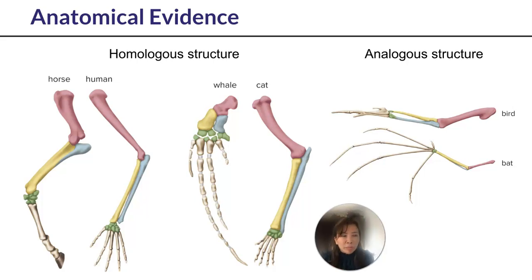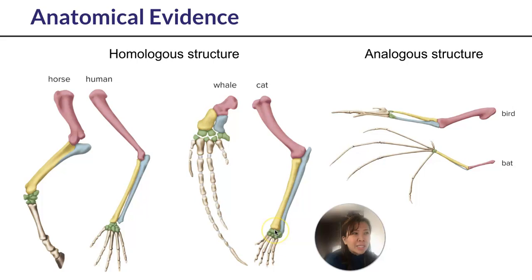So, for example, with vertebrates, we all have these structures that came from the common ancestors, right? But these structures have different functions that they serve depending on the organism itself.